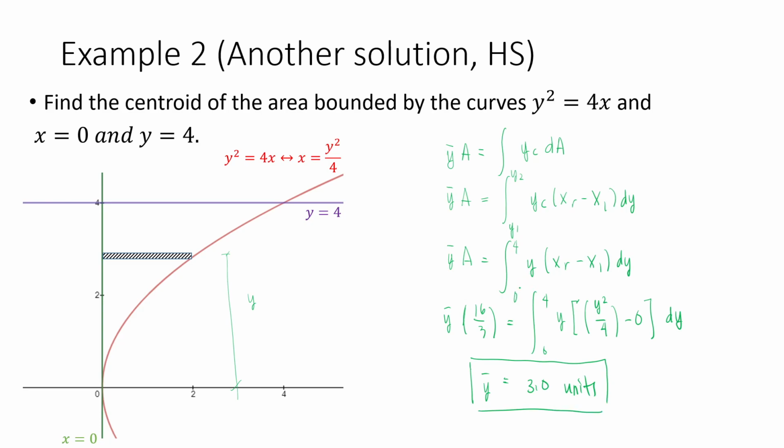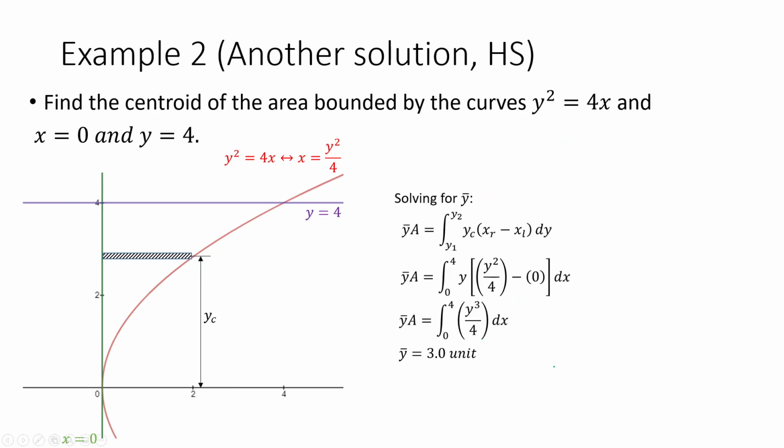So 3 units, and this one is the answer. So again, try to simplify the equation so that you can help the calculator in getting the answer a bit quicker.